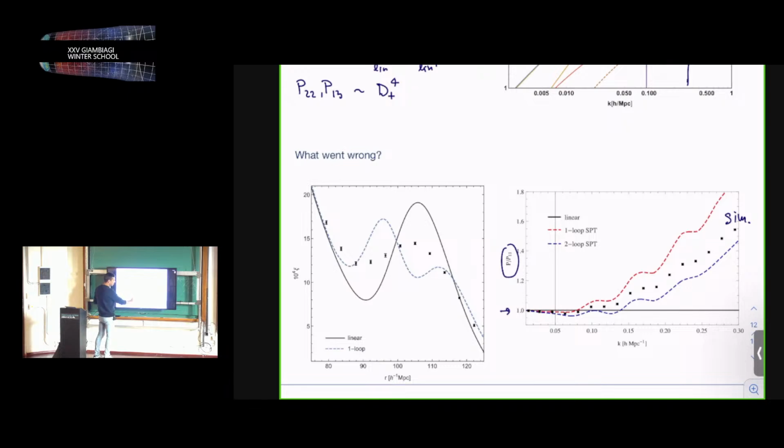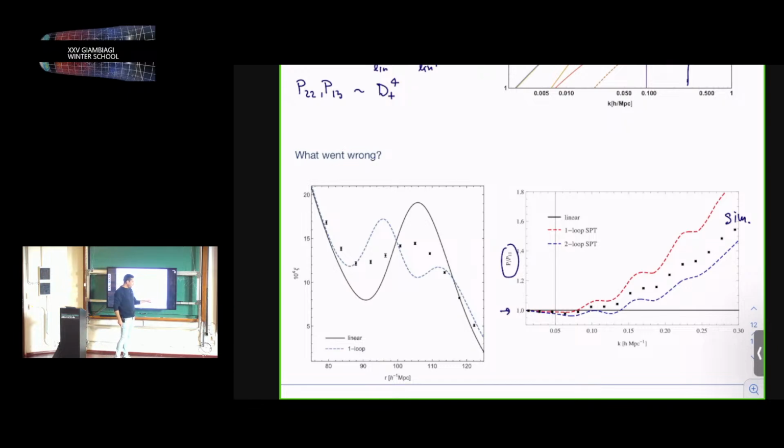The points have a much broader feature. There is a damping of the BAO peak. However, your theoretical calculation predicts a line which really doesn't look like anything. It has these two peaks, so clearly it doesn't go through the data points. So whatever we did so far is wrong, not only on small scales.